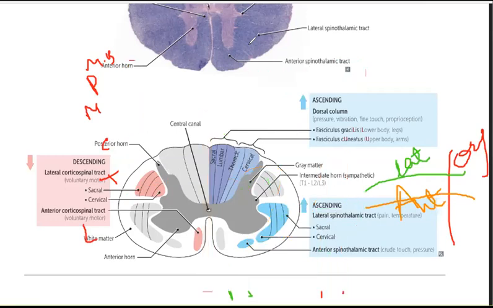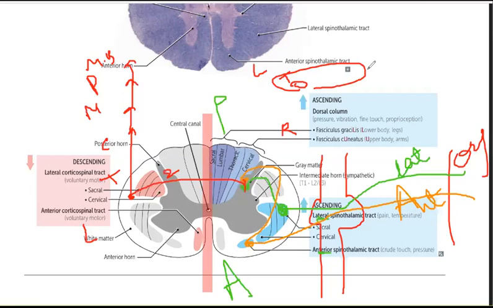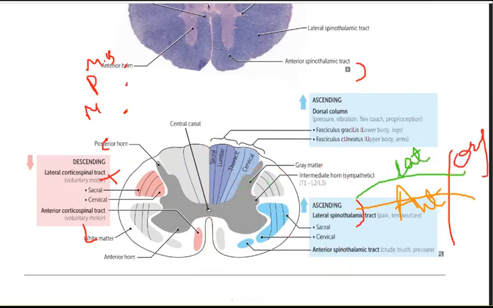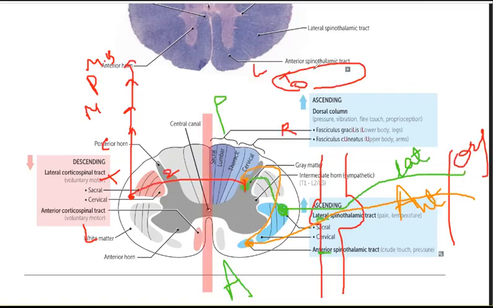Please respond in the chat section so that I may know you understand this whole pathway. Okay, very good. Two of you have responded. Manzoor, how about you? Please respond so that I may proceed further.